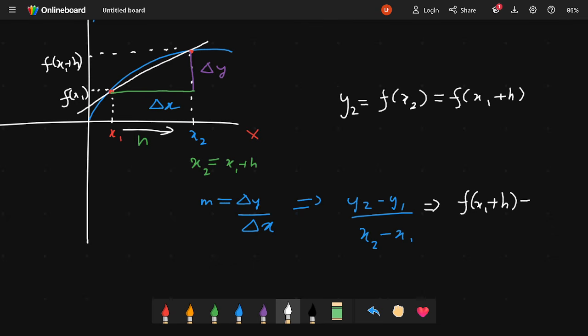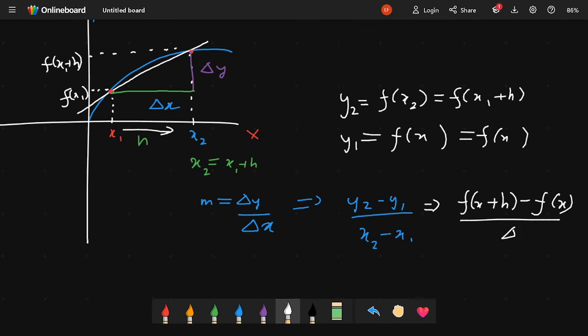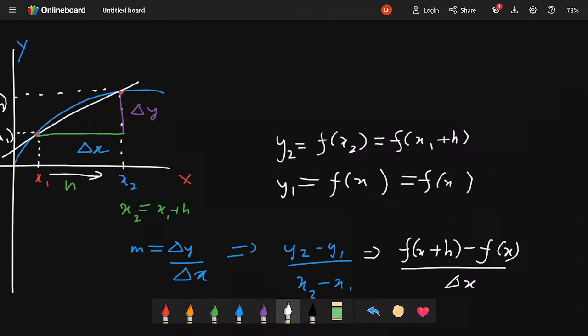And then what is y1? y1 is f of x1. So y1 equals f of x1, or we could just write it as f of x. So we write it as f of x plus h minus f of x, and change in x. What is our change in x here?